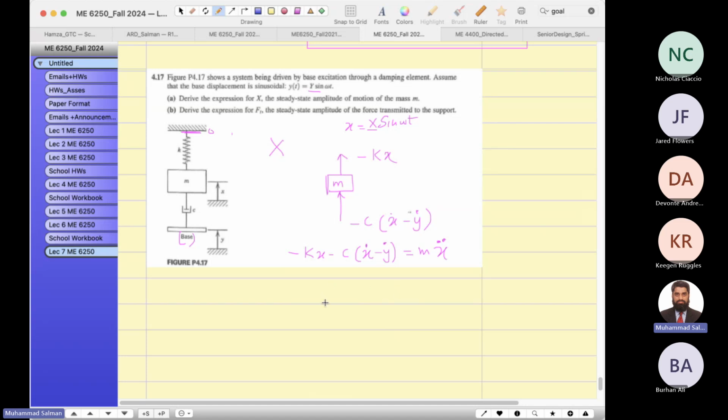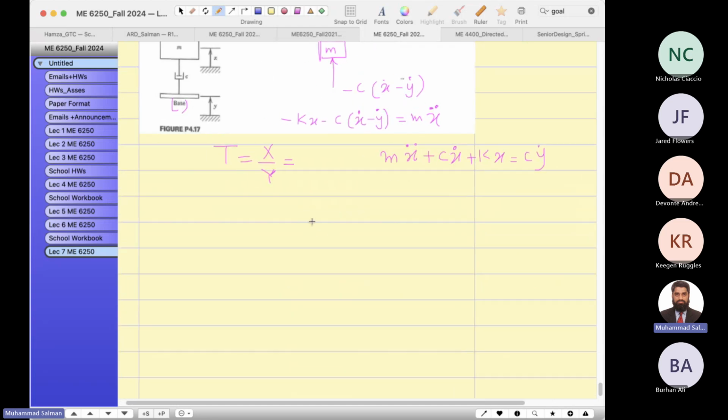And now guys, we have to find out the transmissibility, the displacement transmissibility. From here, we do the Laplace transform, because the transfer function is in terms of the Laplace transform. But let me do one more step here: all the x variables on one side and the y variable on the other side.